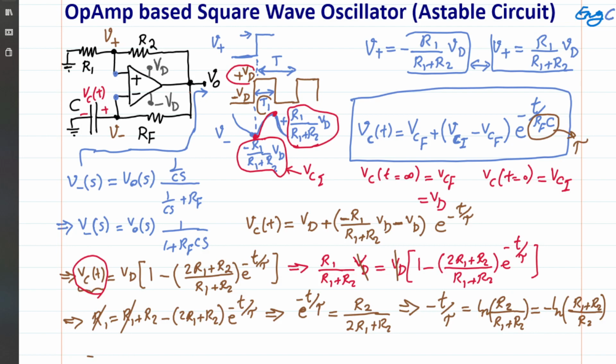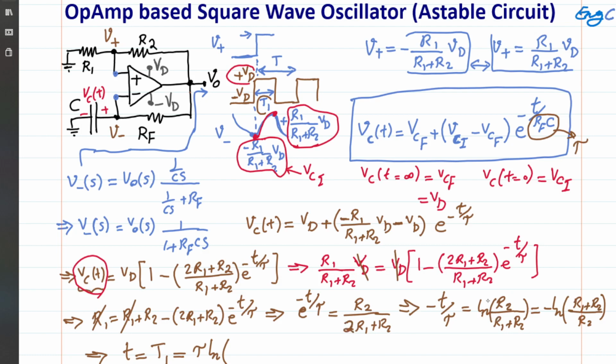So ultimately what I got to is t, or basically T1, because I calculated the time it takes to go from the negative voltage to the positive voltage. This red transition that I highlighted. The time it takes to do that red transition, which is effectively T1, is equal to tau ln of R1 over R2 plus, I forgot about a 2 factor here, so that's very important not to forget.